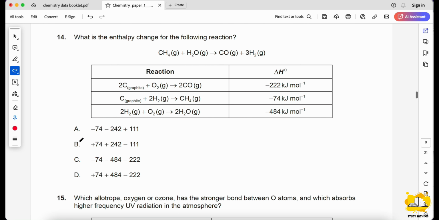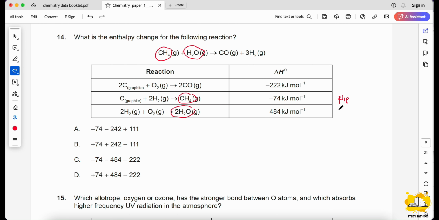What is the enthalpy change for the following reaction? We see that CH4 is on the left side, but CH4 here is on the right side, so we need to flip this reaction. And H2O is on the left side, and H2O here is on the right side, but the coefficient is 2 here and 1 here.